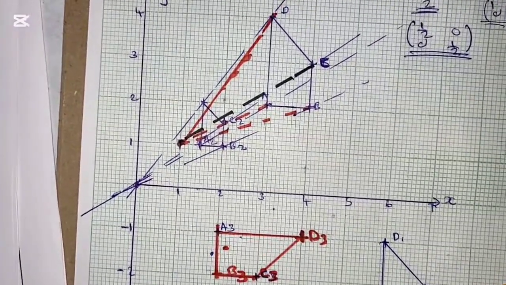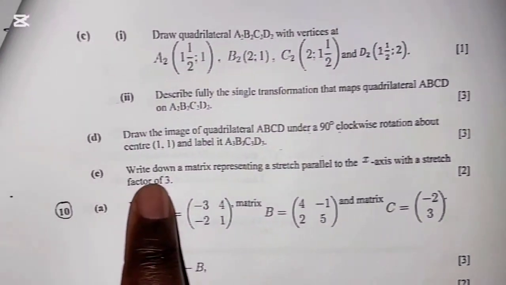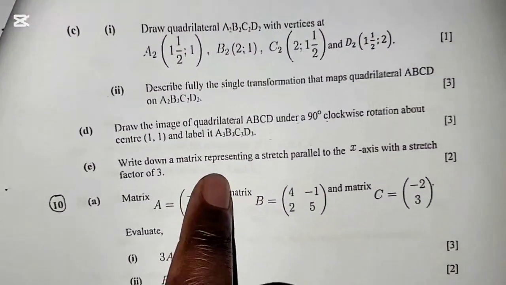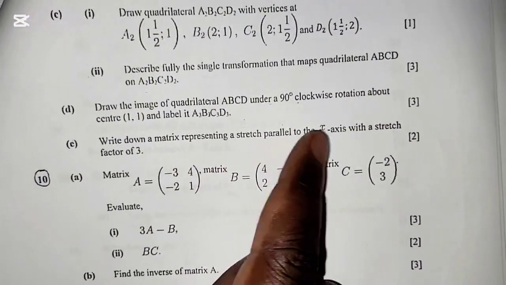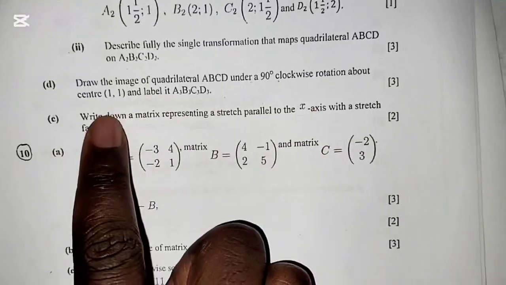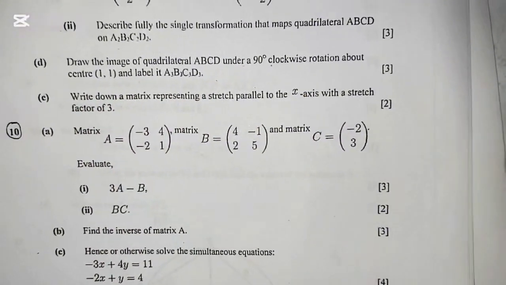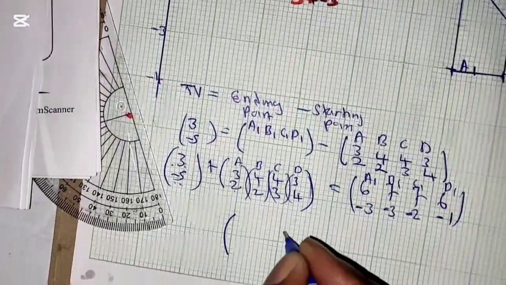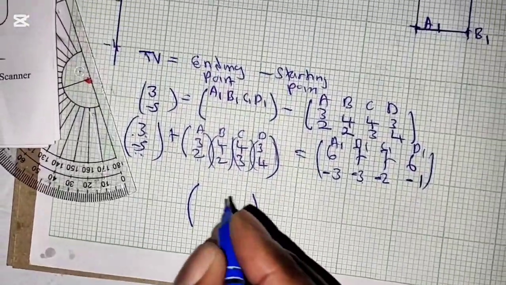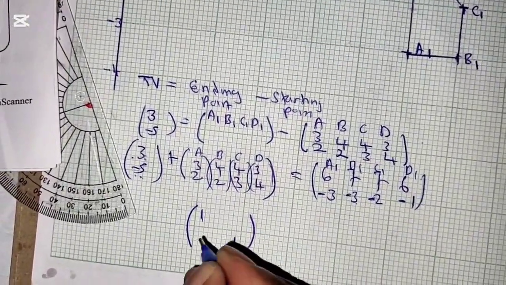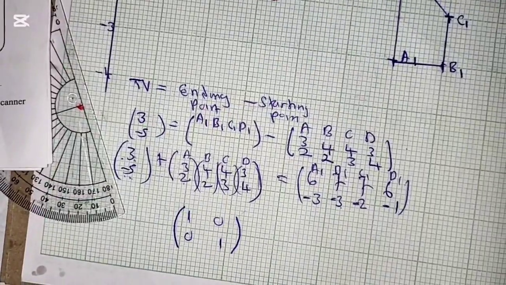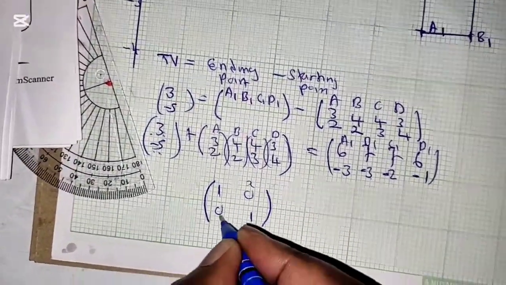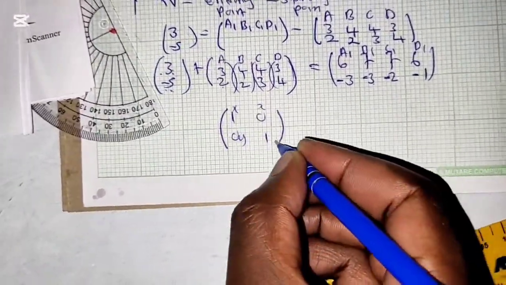Okay, so let's go to the last part of the question. Write down the matrix representing a stretch parallel to the x-axis with a stretch factor 3. Okay, stretch also uses a matrix, right, from our identity matrix 1 1 0 0. So this one is x, this one is y, this one is x, this one is y.